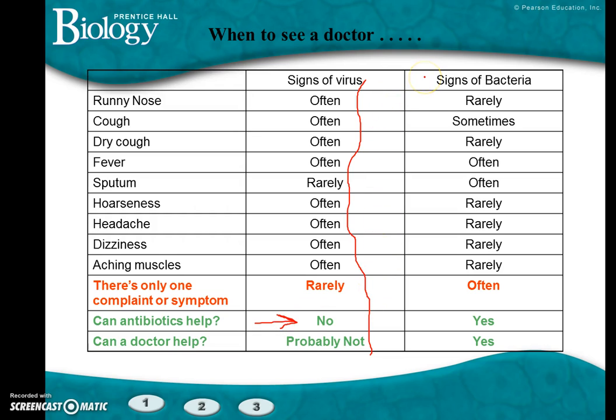In terms of bacteria, the key thing is often you only have one symptom. Ooh, my ears really hurt, or my throat really scratches. So in that case, maybe you do want to go to a doctor because an antibiotic may help. Very important on the test, write down: antibiotics will treat bacterial infections, but do nothing to help a viral infection.